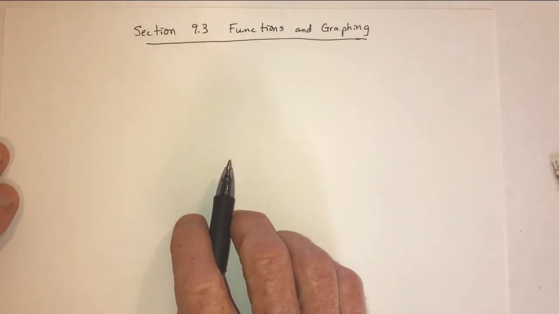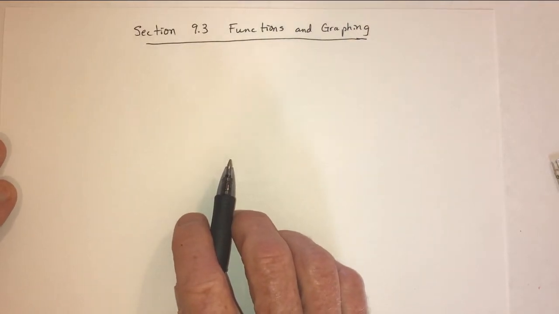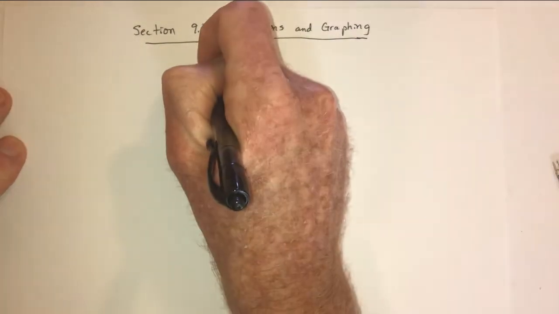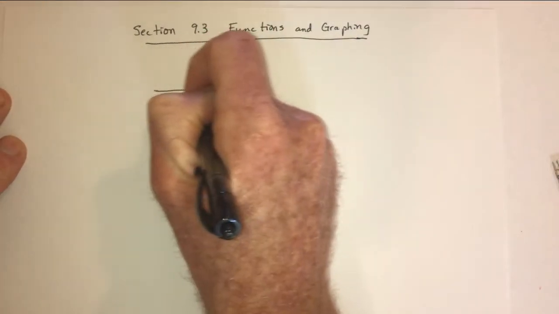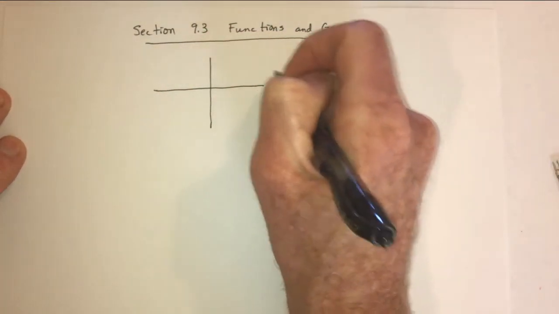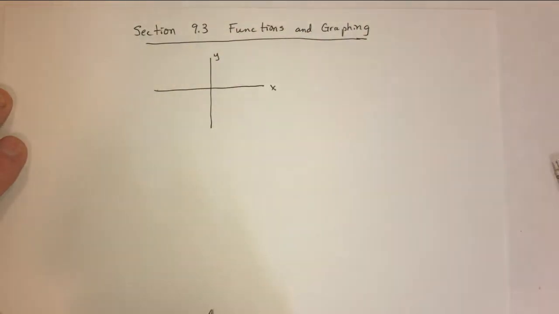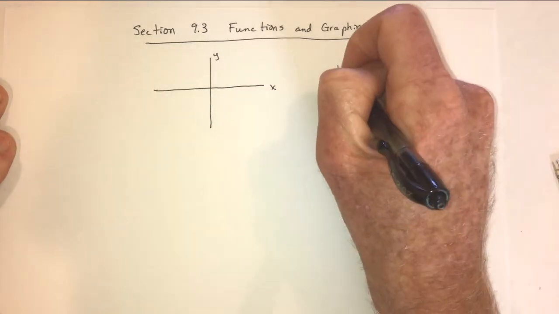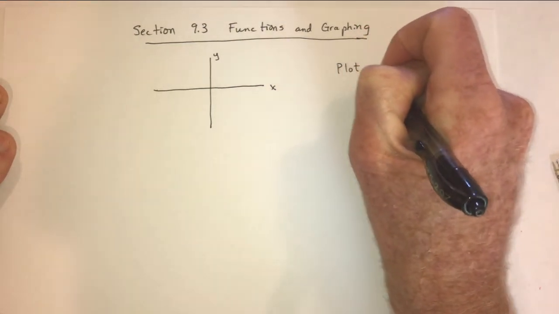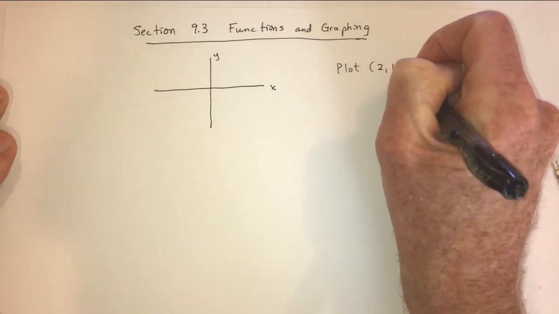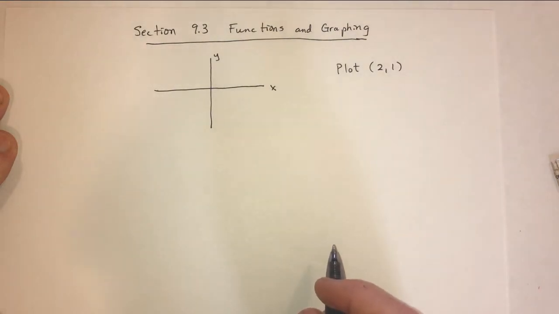Today we're going to be graphing some functions. To begin with, what is hopefully review for you, here's the XY coordinate system. So if you're given a point like 2, 1, then plot that point.